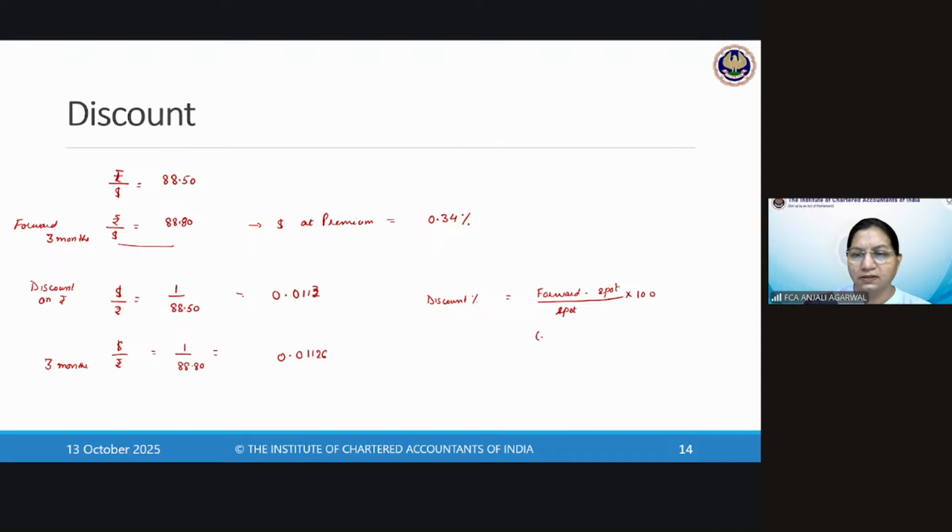So 0.01126 minus 0.01129, divided by 0.01129, into 100. Okay, great. Sandeep has already calculated.